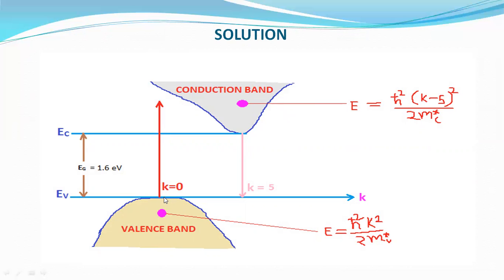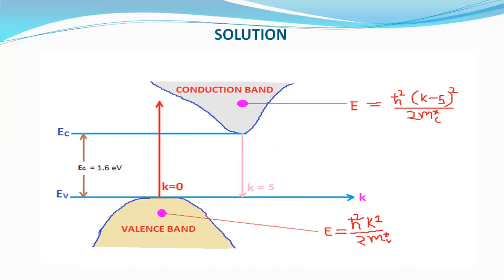The valence band maxima appears for k equal to 0, and the conduction band minima appears for k equal to 5. So they do not appear for the same value of electron momentum. Obviously the difference from conduction band minima to valence band maxima is 1.6 electron volt, but this does not appear for the same electron momentum. So it is an indirect band gap semiconductor.